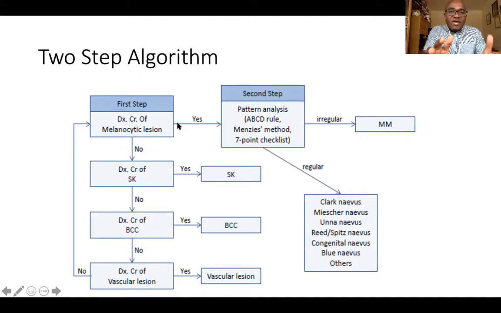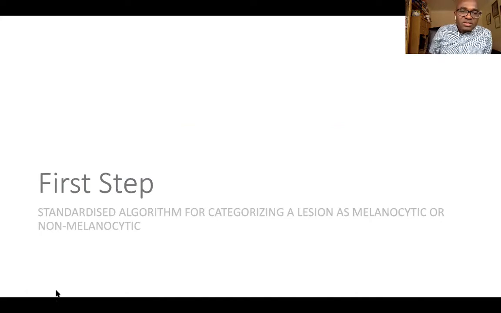So for the first step, we're going to look at diagnostic criteria of lesions, which are either melanocytic or non-melanocytic. The first step is the standard algorithm for categorizing a lesion as melanocytic or non-melanocytic.